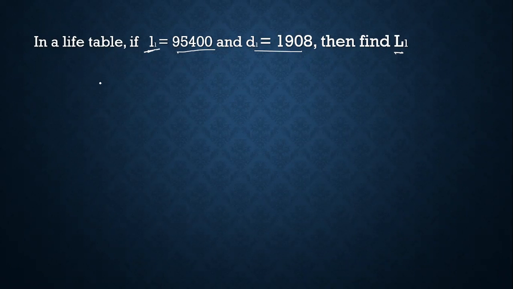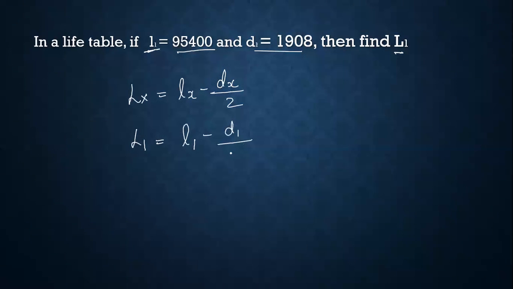So what will be the formula? Lx is equal to, this is capital, small lx minus dx divided by 2. So we can easily take L1 is equal to small l1 minus d1 divided by 2. Now what is the value of L1?